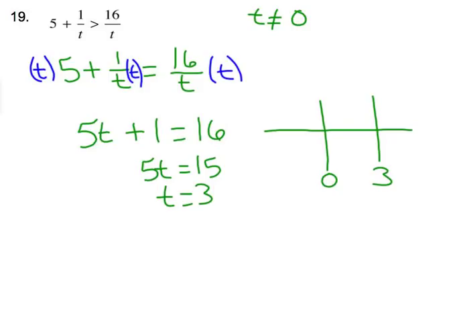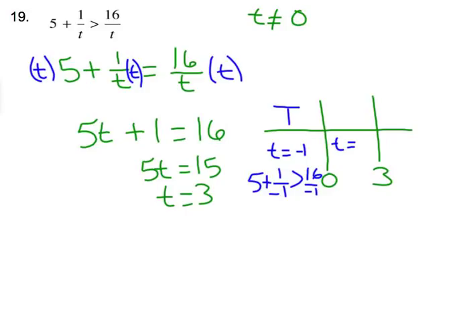So I'm going to come in and I'm going to check t equal to a negative 1. If I put a negative 1 in there, I'll have 5 plus 1 over a negative 1 greater than 16 over a negative 1, which means 5 minus 1 is a 4. Is 4 greater than a negative 16? That's true. Now I'm going to pick t equal to 1.